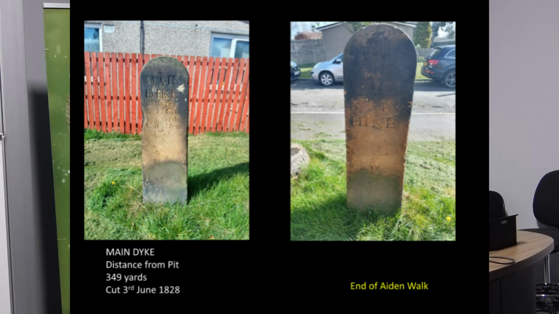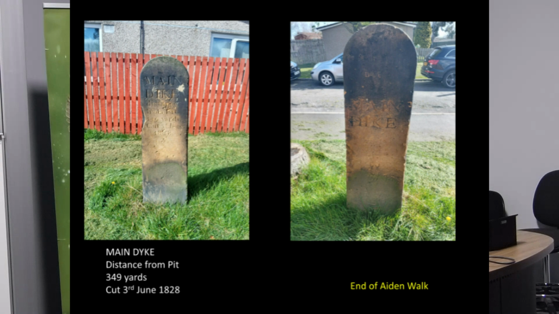If anybody knows anything about these, I've done a little bit of looking into it. There are a couple of these marker stones. This is the same stone from other sides, and they're called the dike stones. In celebration of their achievement, they put up these stones. It says on here, the main dike, distance from the pit 349 yards, cut on the 3rd of June in 1828.